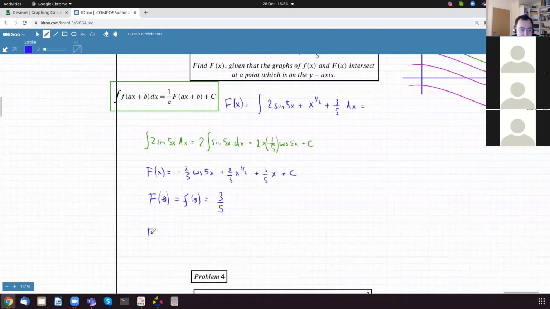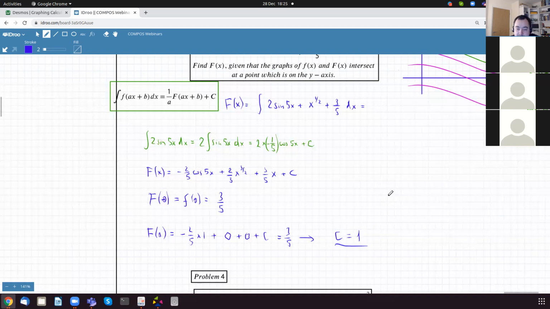So F of 0 is equal to minus 2/5 times 1, because cosine of 0 is 1, plus 2/3 times 0, that's 0, plus 3/5 times 0, that's 0, plus c is equal to 3/5. And from here, it's quite easy to deduce that c is in fact 5/5 or 1. So 2/5 plus 3/5. So c is 1.